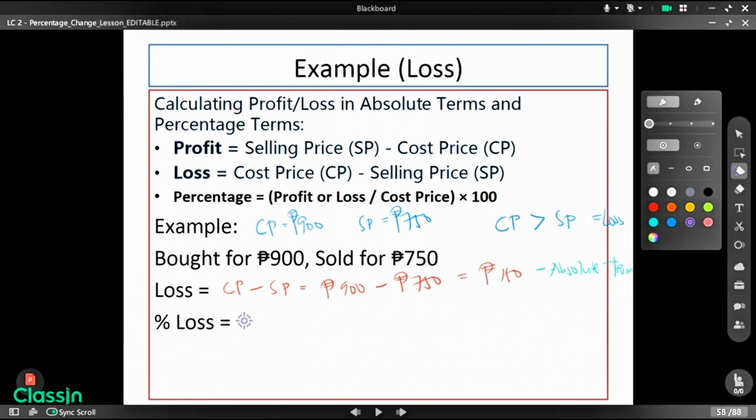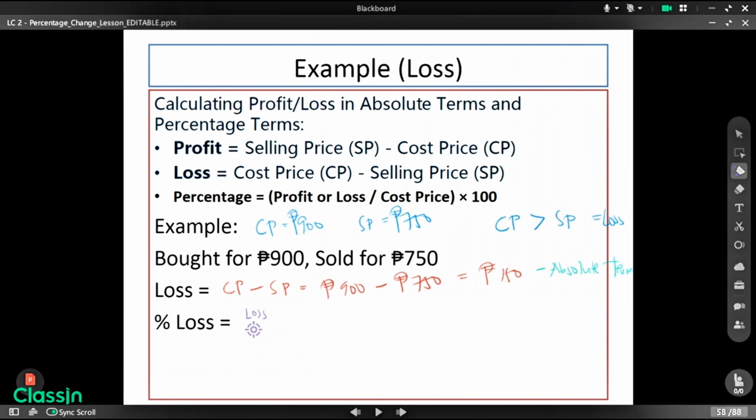Now let's have the percentage term. For the loss, it is loss all over cost price times 100. So the loss that we computed is 150 pesos all over the cost price, which is 900 pesos, and multiply it by 100.